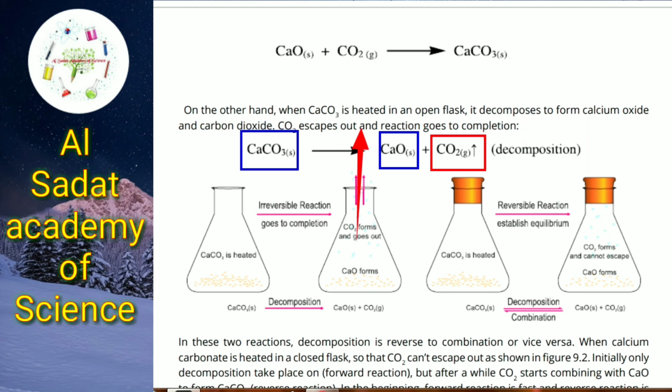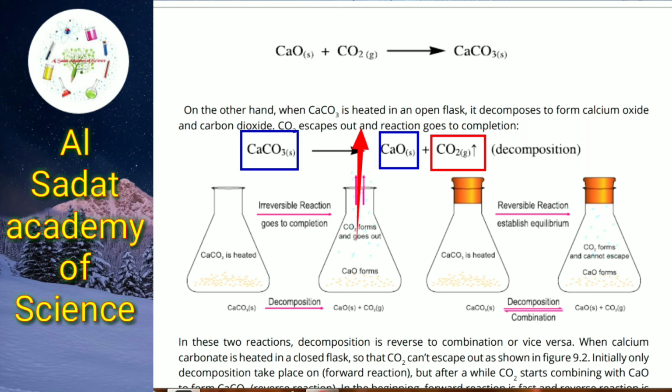It can only be reversed if CaO and CO2 are both available for the reverse reaction, and hence if you try to attain this reversible reaction in an open flask, you are trying wrong. It cannot be attained in an open flask, because it is a condition that a reversible reaction can only be attained in a closed system.